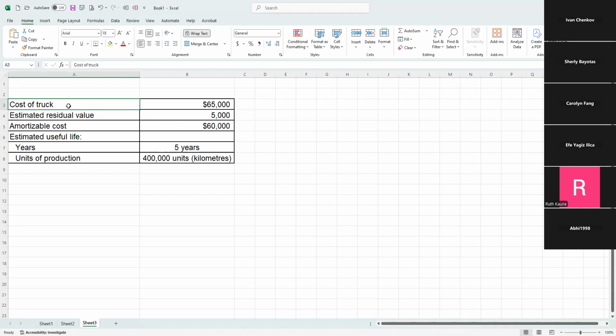So you have to come up with the cost. You always have to come up with the asset cost. In this case, the asset cost is 65,000. No questions about it. Second thing that you have to come up with is the residual value.